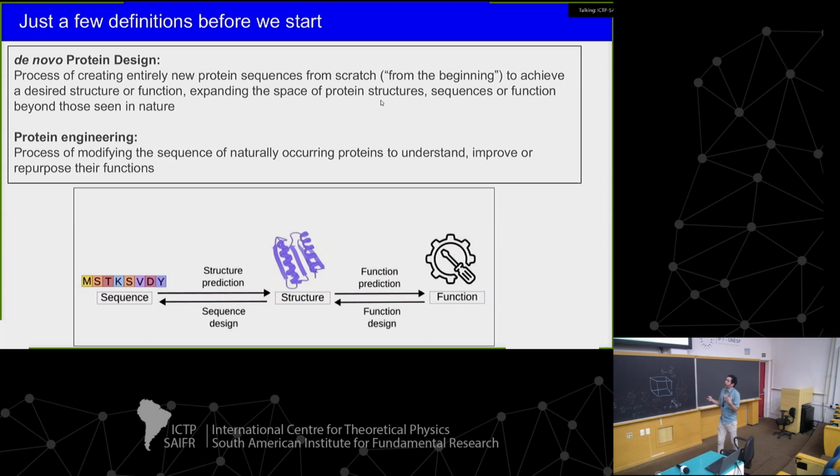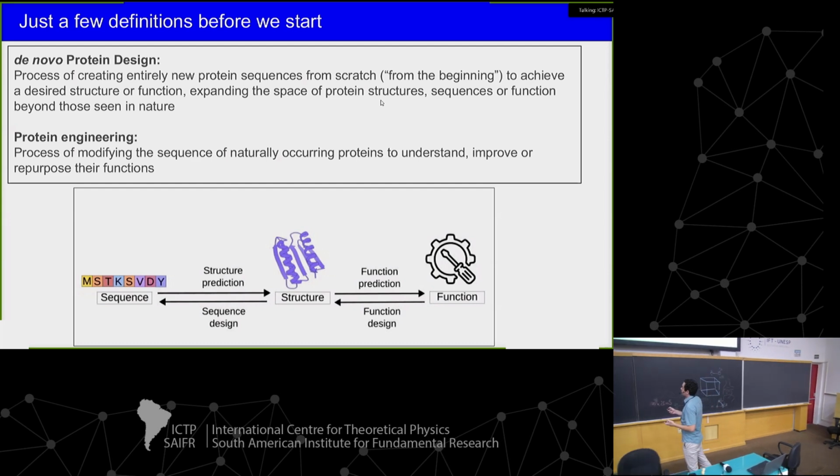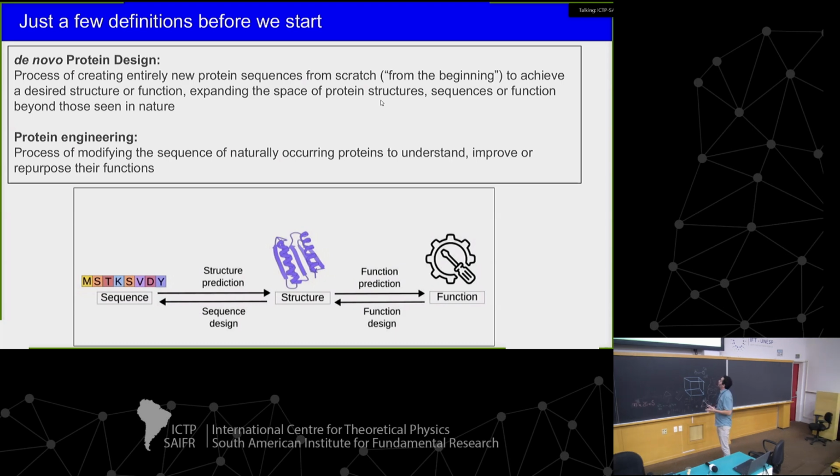For people that are not in the area, just a brief introduction. Proteins are composed of a sequence of amino acids. The combination of these amino acids generates a structure. We now have good methods for structure prediction. I'll talk about this later. And the structures are commonly associated with a function, right?